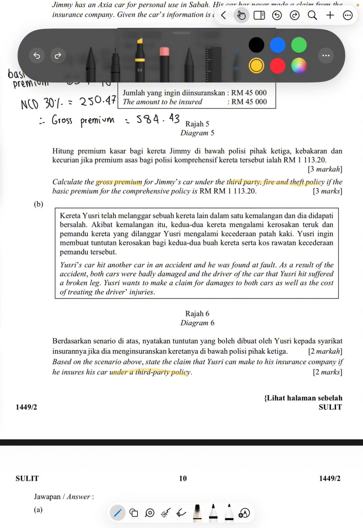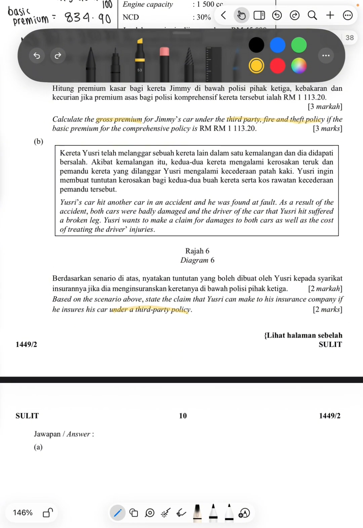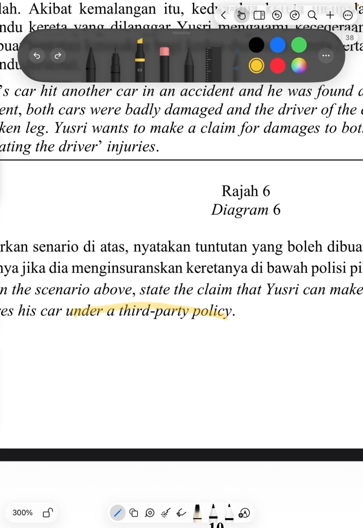Yusri wants to make a claim for damages to both cars as well as the cost of treating the driver's injuries. So this is in your textbook, page 77, chapter 3.